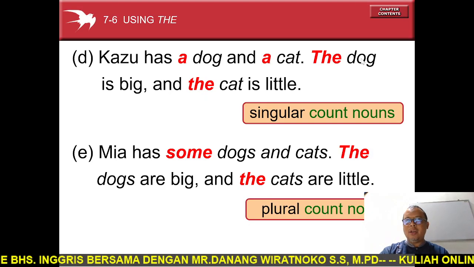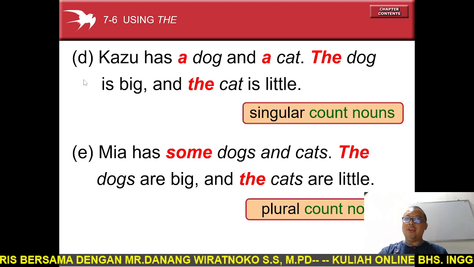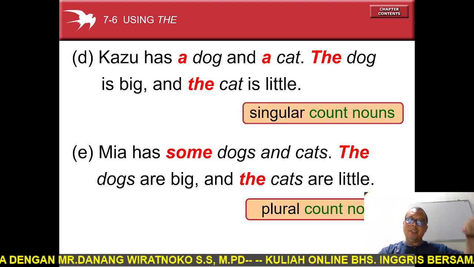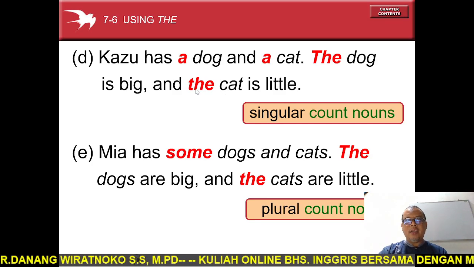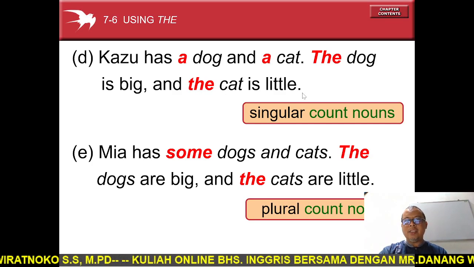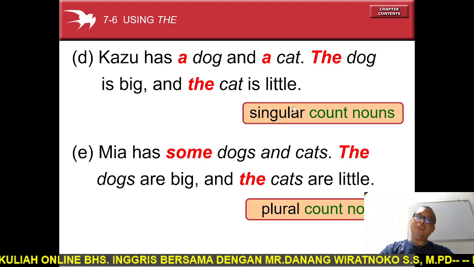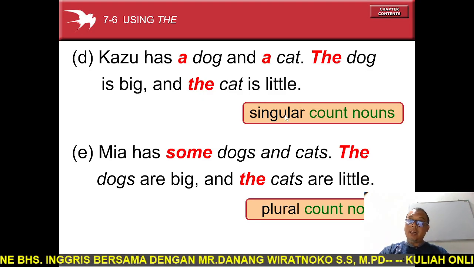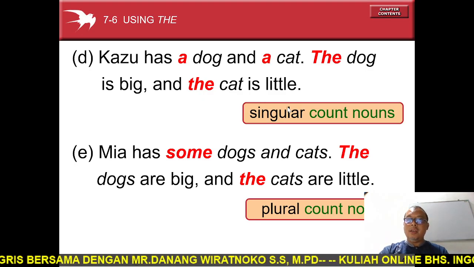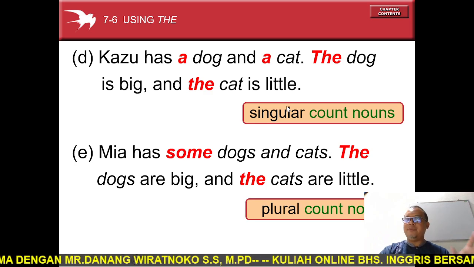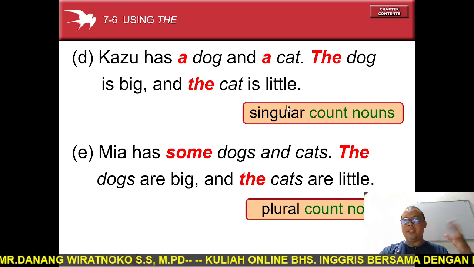If you say a dog is big, it means that there's another dog. Ya, ada dog lagi yang besar. And then a cat is little, dan ada lagi kucing yang datang tapi dia kucingnya small. Bukan kucing yang tadi, bukan anjing yang tadi, tapi a new different kind of dog and new different kind of cat.